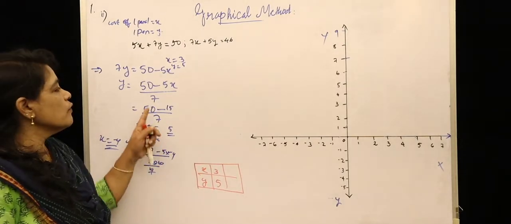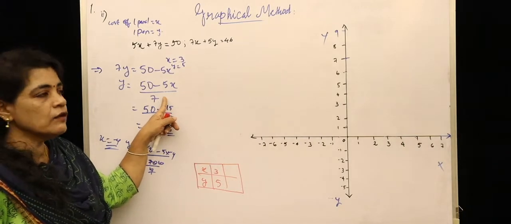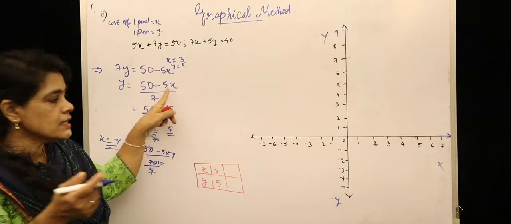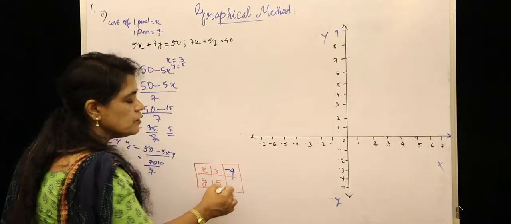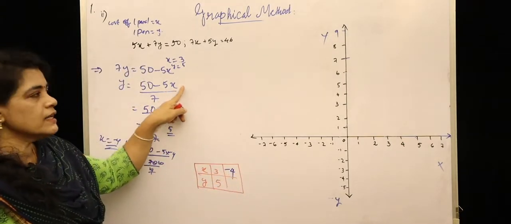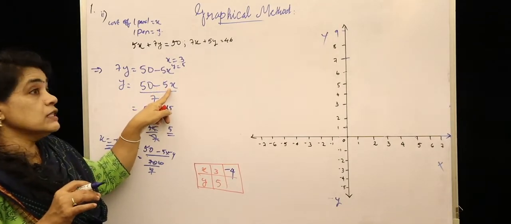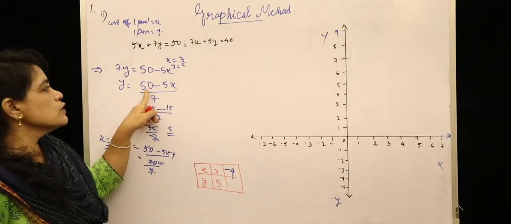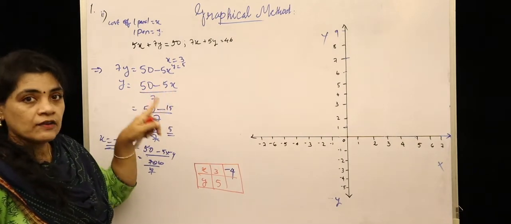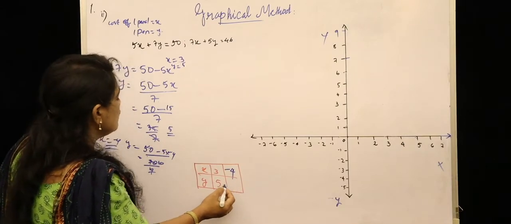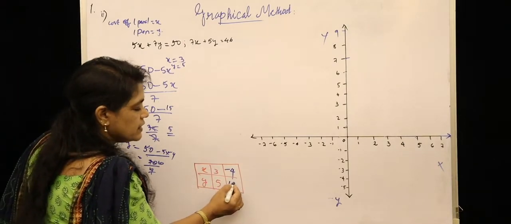The idea is clear, children, how we got the second value? I have taken x is equal to minus 4. That minus and this minus, subtraction sign together, plus. So 20 comes, 5 4s are 20. So 50 plus 20 is 70 by 7, 70 is a multiple. So you got here the value of y as 10.